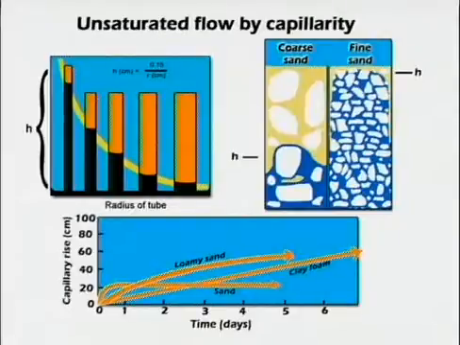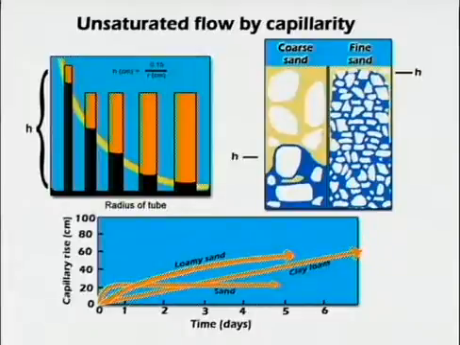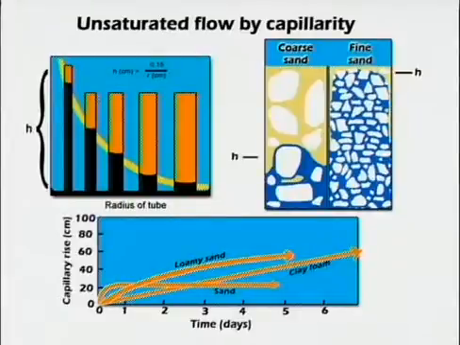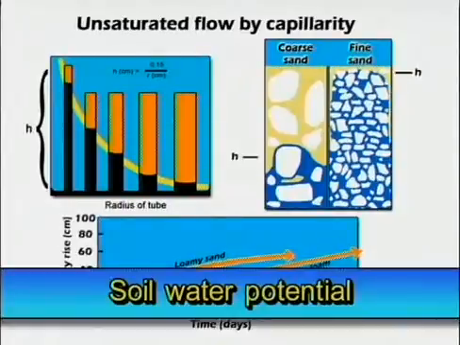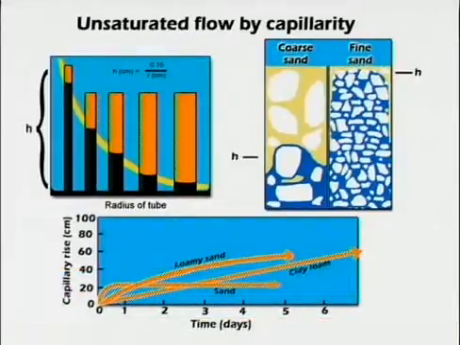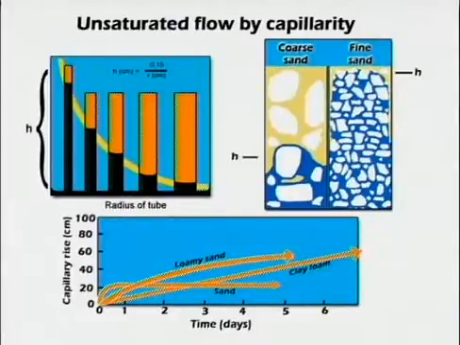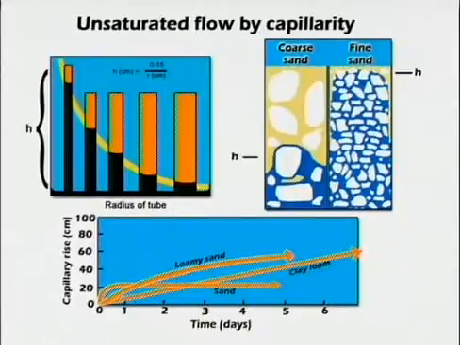Now, capillarity is not the only force acting in this movement of water under unsaturated conditions, but it is one of the primary forces. A concept that we will be introducing soon in this unit is soil water potential. There we'll be looking at the movement of water due to a number of forces, not just the matrix potential, or the pull of the soil particles for that soil water, from areas of higher water content to areas of lower water content in the soil profile.